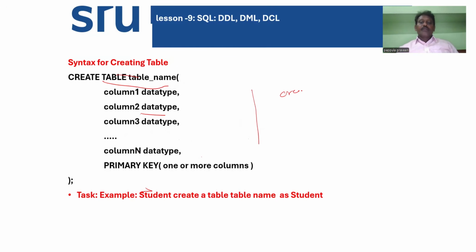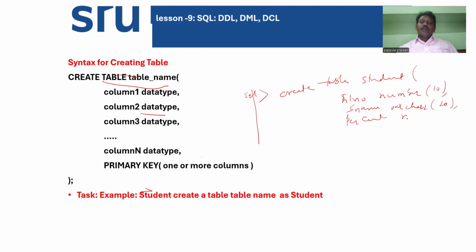Here, SQL: create table, table name is student, attributes are hall ticket number, number of 10, comma, name, varchar2 of 20, these are the data types, and percentage, number of 7, comma 2, close the bracket, semicolon. This is creating the student table.